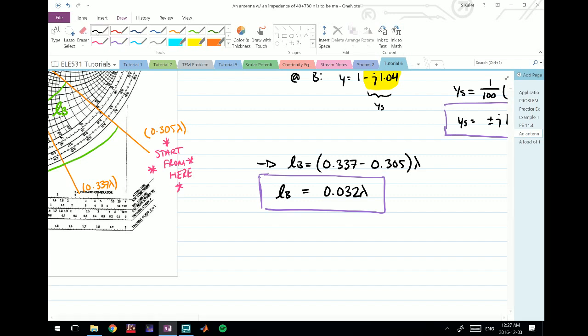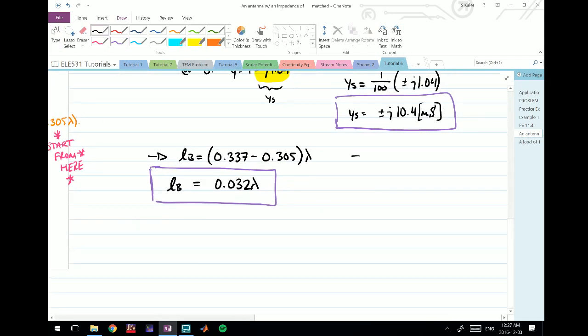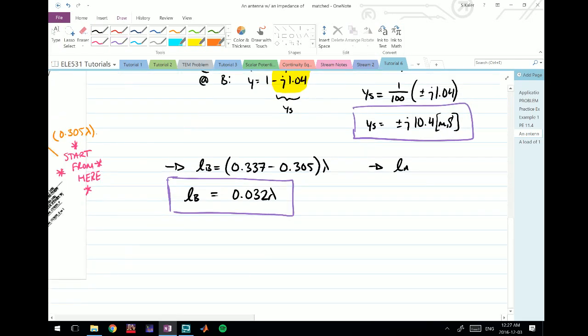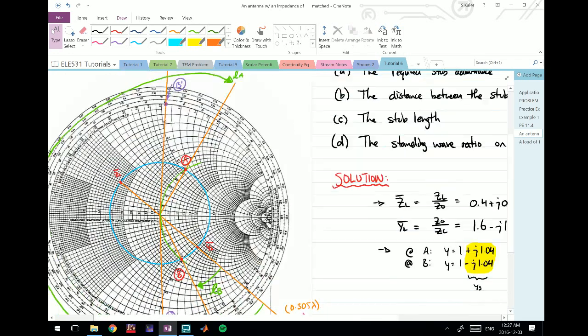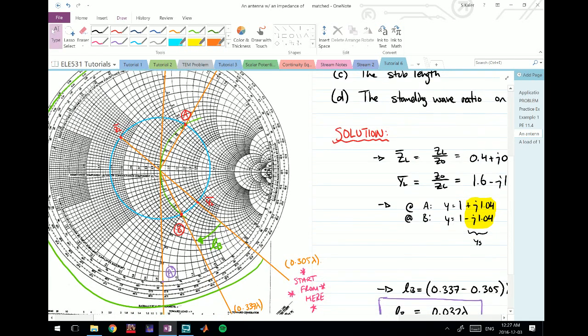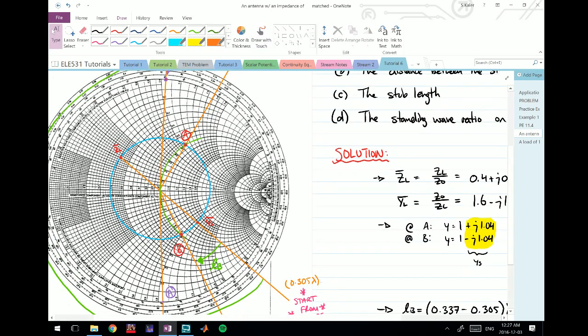Okay, now we can do the exact same thing for LA. But the thing to note here, and this causes confusion sometimes, is some people might be tempted to say, okay, this is 0.165 here, roughly. This is 0.305. If I say 0.165 minus 0.305, I will have my final answer.